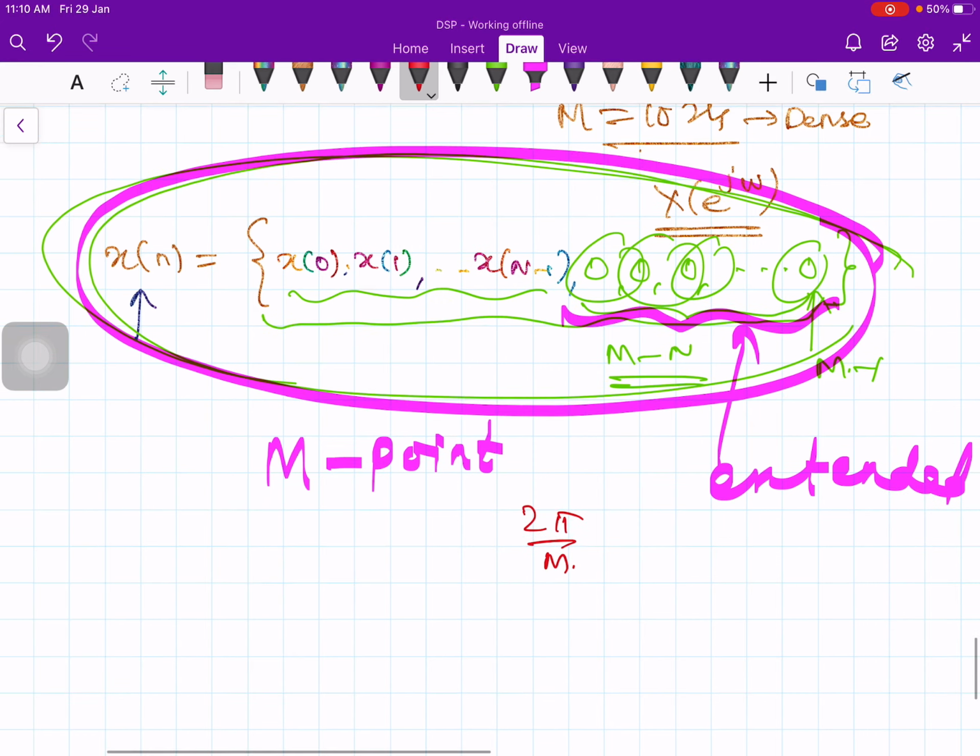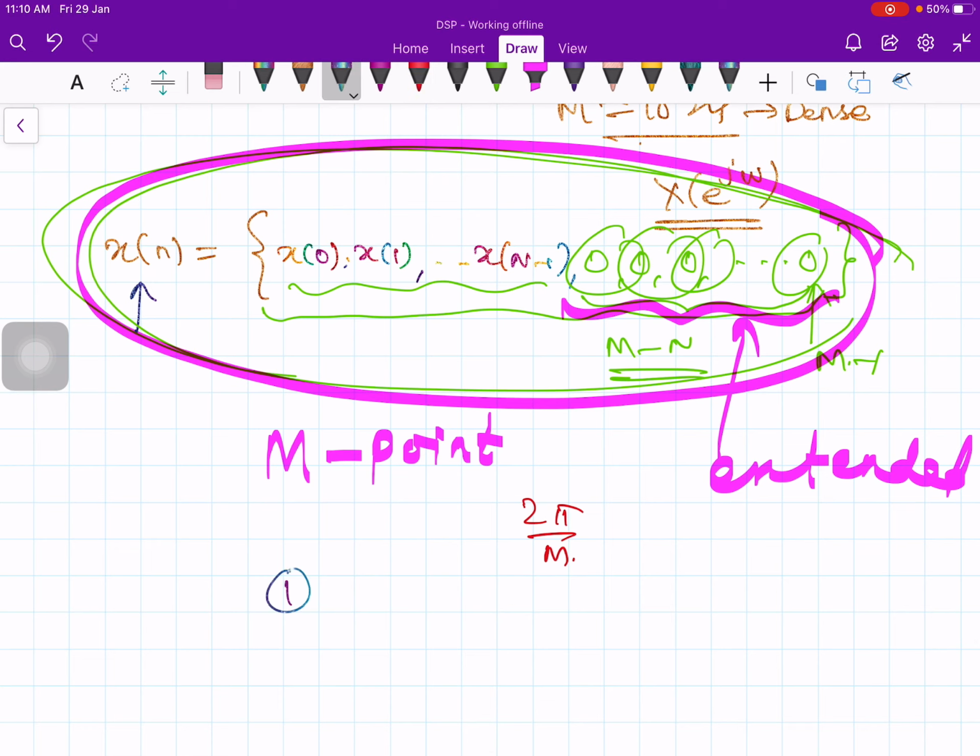Either you use interpolation, the first option, if you don't have a good computation facility.